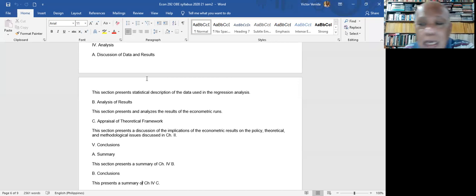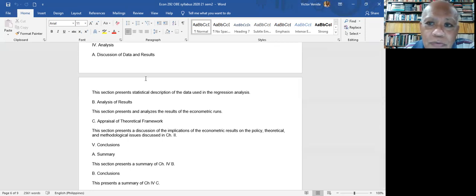So if your data are cross-sectional data or panel data, you'd have to present the usual mean, standard deviation, lowest value, highest value, okay, median.